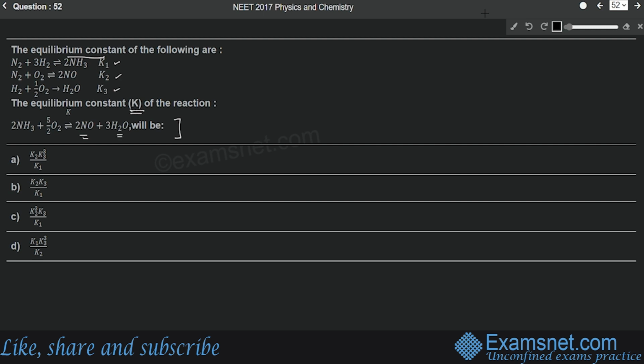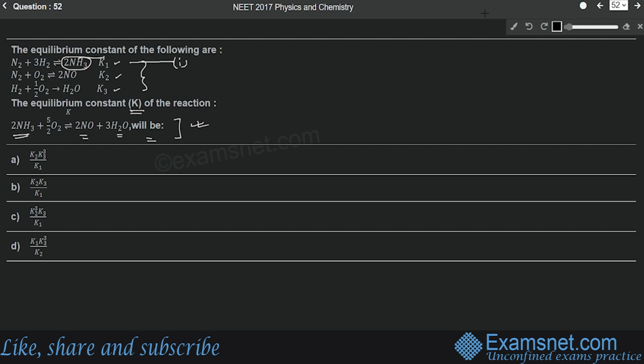Okay, now what we have to do here, we basically have to use the above three reactions in order to get this final reaction. Okay, so if we look at the first reaction here whose equilibrium constant is K1, let's say this is reaction number 1. So here we can see that ammonia 2NH3 is on the product side, but in this final reaction whose equilibrium constant we have to find, the 2NH3 is on the left hand side, that means on the reactant side.